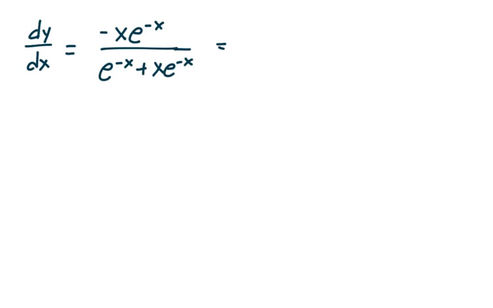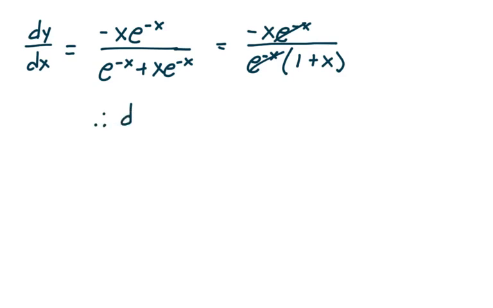But I can write this as negative x e to the negative x divided by e to the negative x times 1 plus x. But if you notice, these e to the negative x factors cancel. And so therefore, dy dx is negative x over 1 plus x.